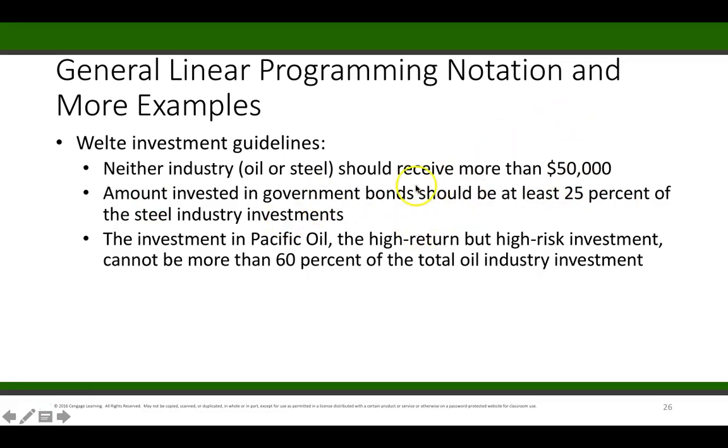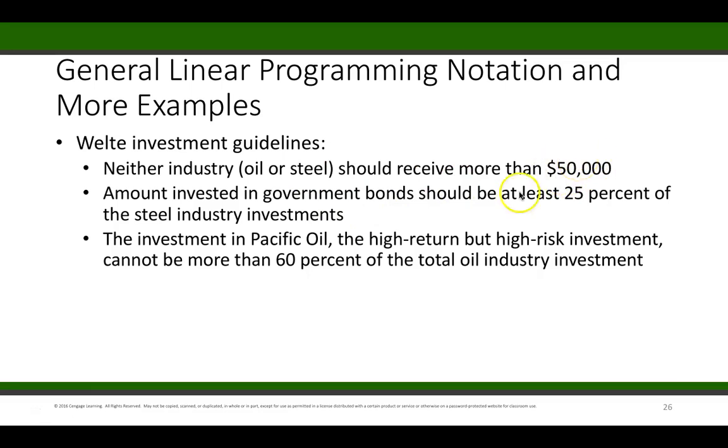Now, one of the most common mistakes that I've seen students make here is to assume that you'll be investing $50,000 in steel. We don't know that. All this constraint is saying is that it cannot be more than 50,000. The final solution might say, based on the returns, you can only put $40,000 in steel in total, both the steel investments put together. So you cannot assume that $50,000 is the amount that you're investing in steel, right?